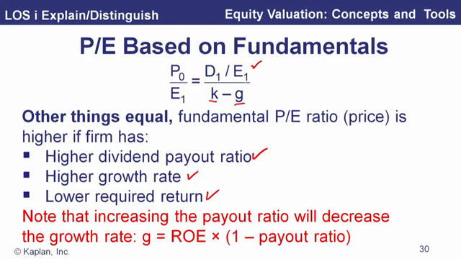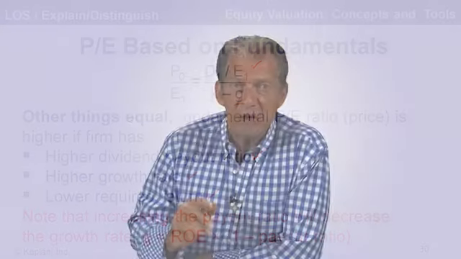So that's all fine, and it's good to understand these, but note that these are interrelated. Because if a firm pays out more in dividends, returns more, then that's going to slow its growth. And so higher dividend payout tends to increase the PE. Lower growth tends to decrease the PE. So we don't know really what the overall outcome of that is.